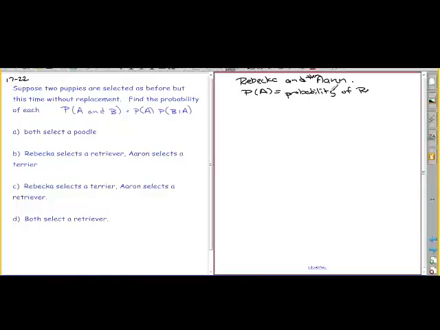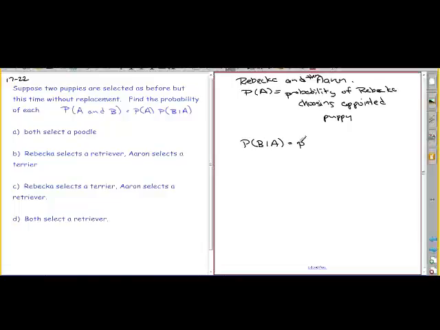Okay, so the probability of event A is the probability of Rebecca choosing the appointed puppy, meaning the one that we're going to calculate the probability on.